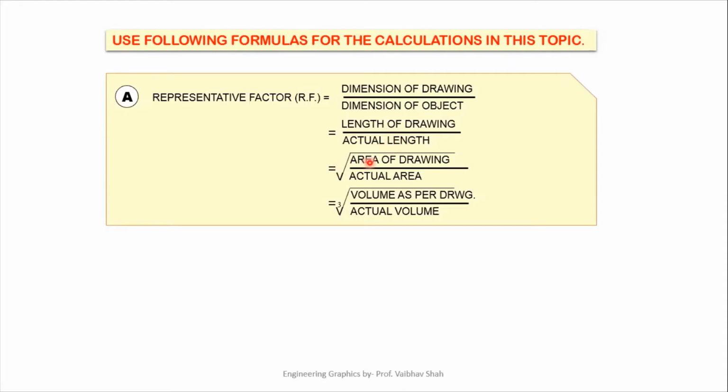If it is given as area of a drawing, it will change a bit, like under root of area of drawing upon actual area of an object. If it is given as volume of a drawing, you will be taking the cube root. In the cube root, you will write volume as per drawing upon actual volume of an object.